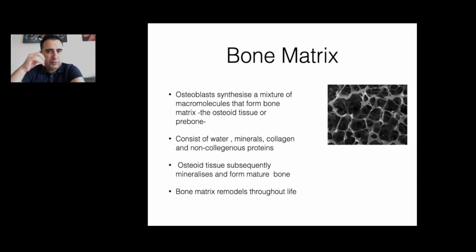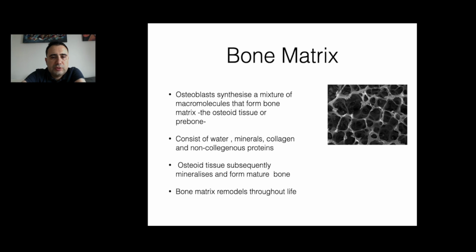Now take a look at the bone matrix. Bone matrix is synthesized by osteoblasts. It originates from macromolecules, the osteoid tissue or pre-bone. It consists of water, minerals, collagen, and non-collagenous proteins. I already mentioned the ingredients of bone matrix previously.